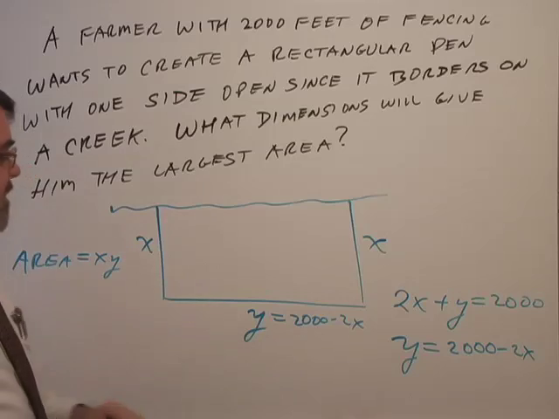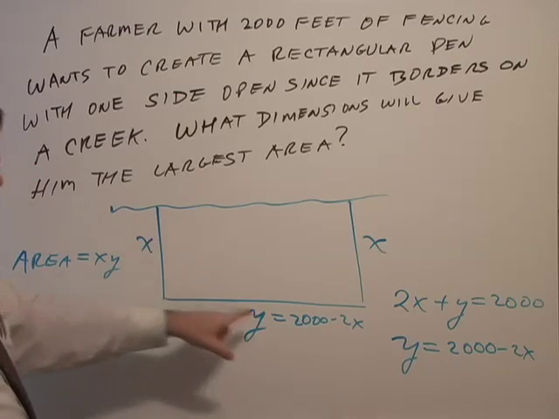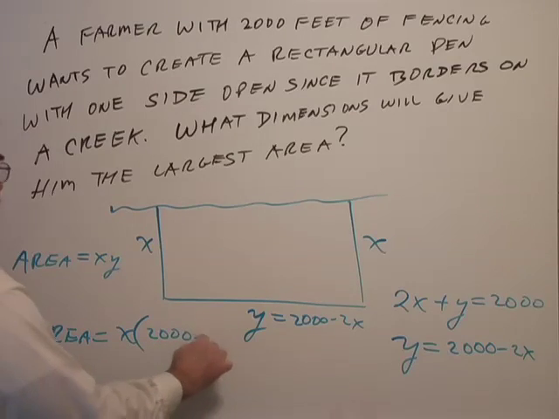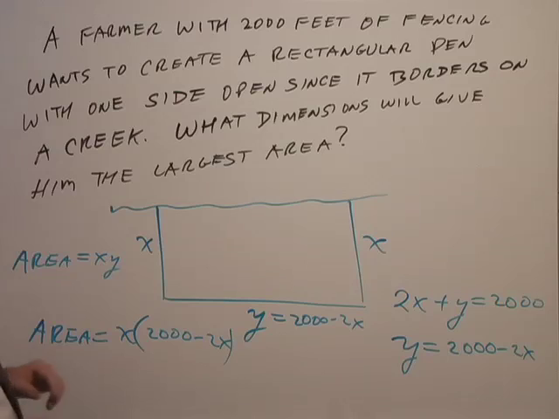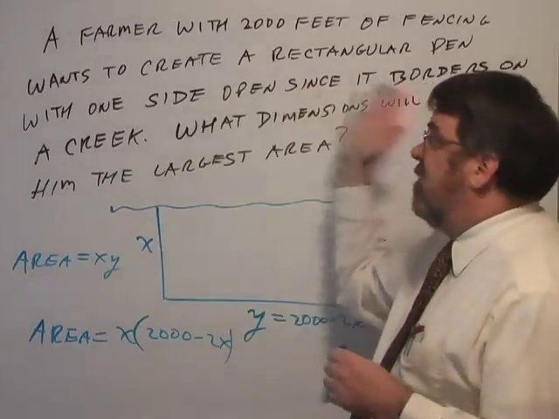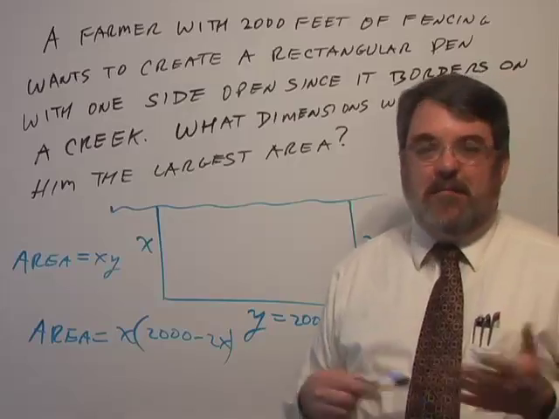This is length times width, so in essence, I can replace y with 2,000 minus 2x. And that gives me area equal to x times (2,000 minus 2x). So I've created a function, and we could call that A of x if we wanted to, a function of a single variable. Now I'm going to make some room up here, erase this, and finish the problem.